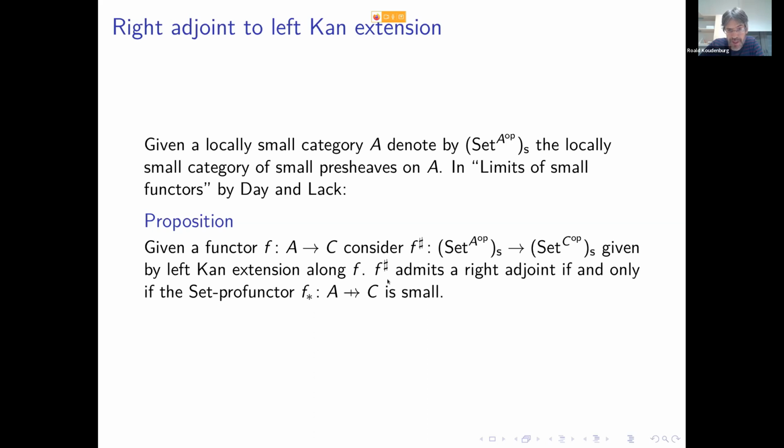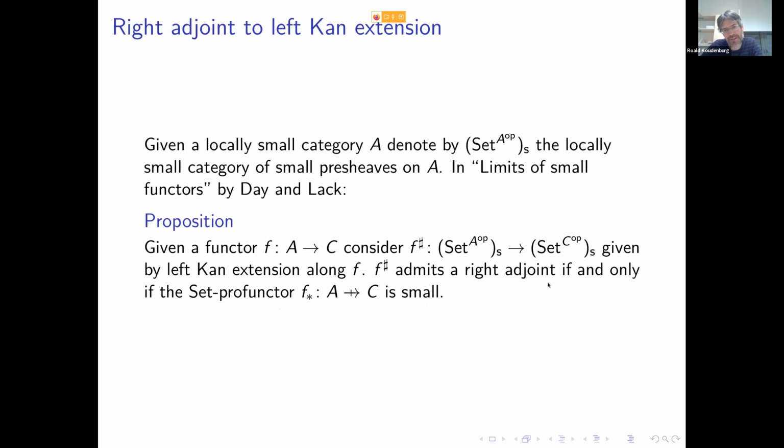Now the result is that F sharp admits a right adjoint if and only if the Set Prof functor represented by F, that companion, is a small Prof functor, right? So at every object C and C, the pre-sheaf that we get on A is small.